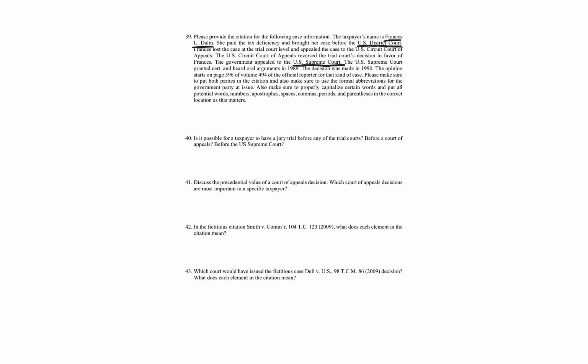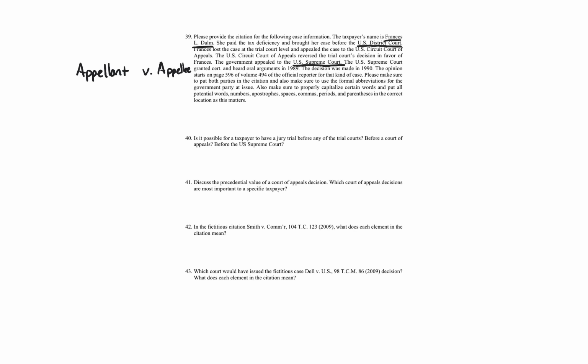Remember, for appeals decisions, whether it's the U.S. Circuit Court of Appeals or the Supreme Court, we have the appellant versus the appellee. The appellant versus the appellee, and we go in that order. Now, Frances lost the case at the trial court level, so at the U.S. Circuit Court of Appeals, she would have been the appellant.